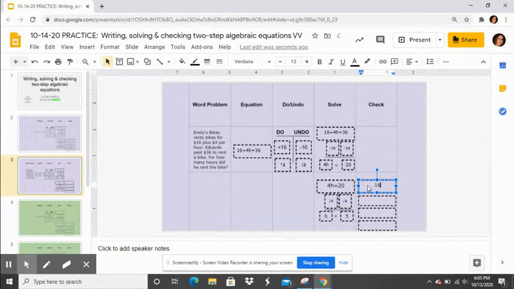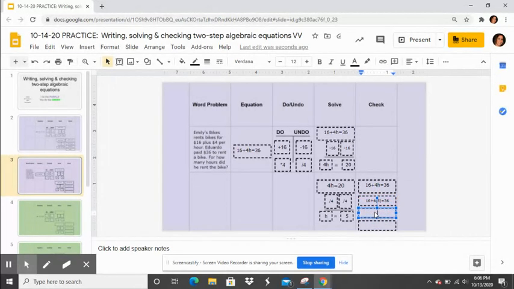Okay, so type in my original equation. 16 plus 4h equals 36. I'm going to substitute my 5 in for my variable h. So bring down the 16 plus 4 parentheses 5 equals 36.